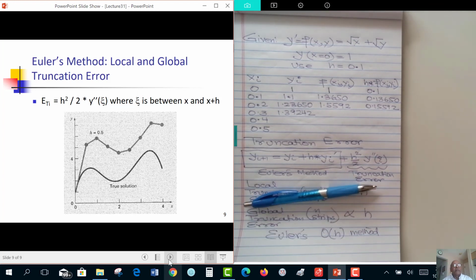So just as an example, here is our approximate solution to some problem with h equal to 0.5, and here is our true solution. So you can see initially the error may be very, very small, but then it starts growing larger. But it can have any behavior depending on our differential equation.